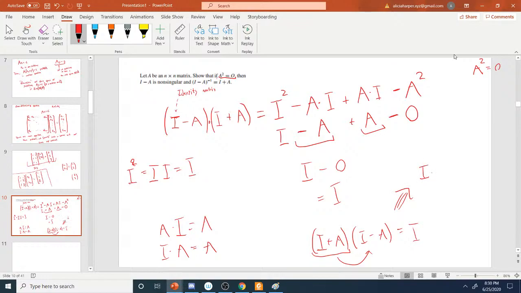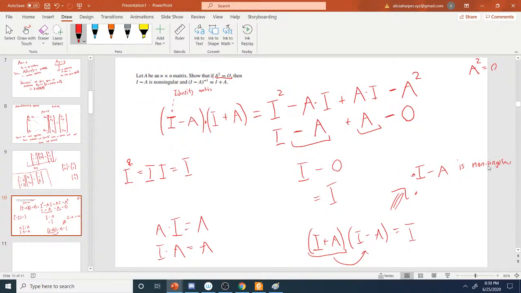It implies that I minus A is non-singular, and directly from definition, it also implies that its inverse is I plus A. And so that completes the proof of this homework problem.